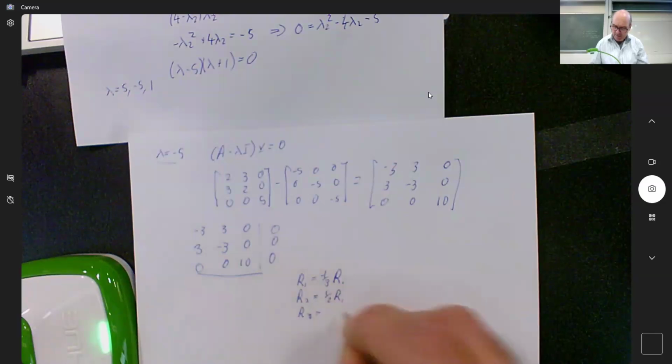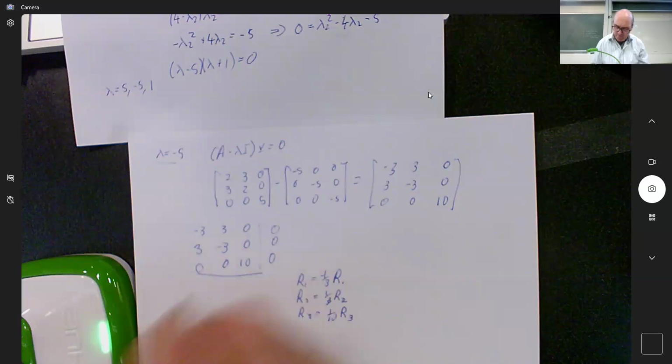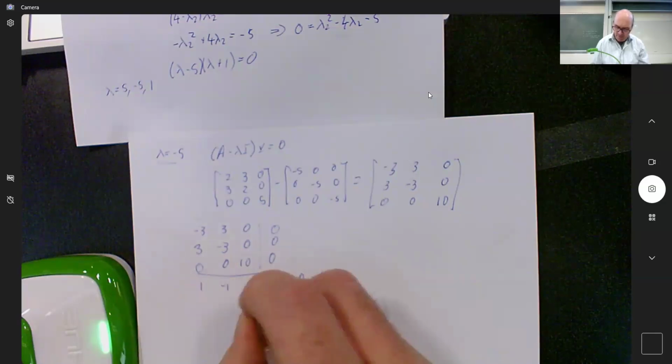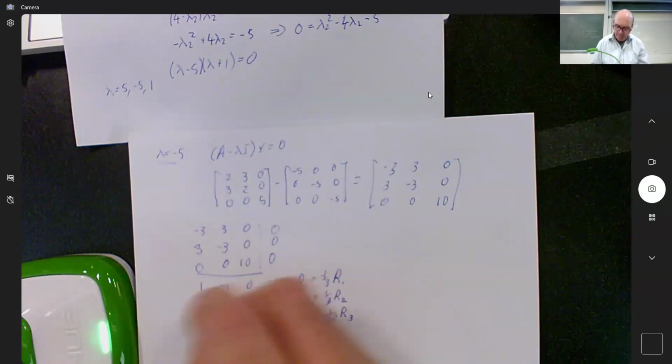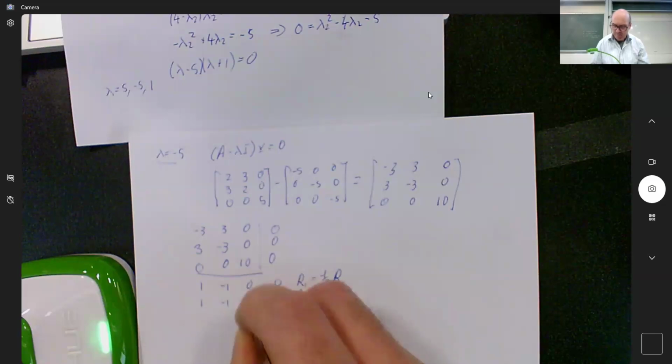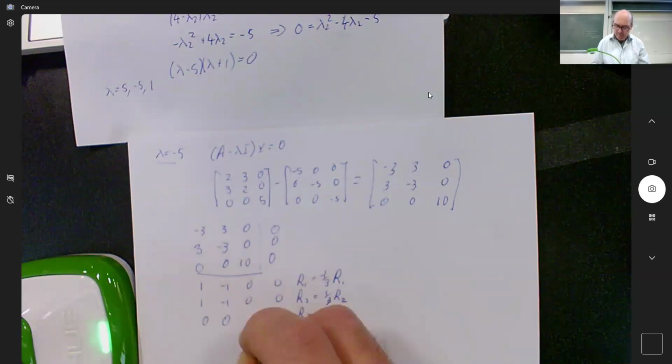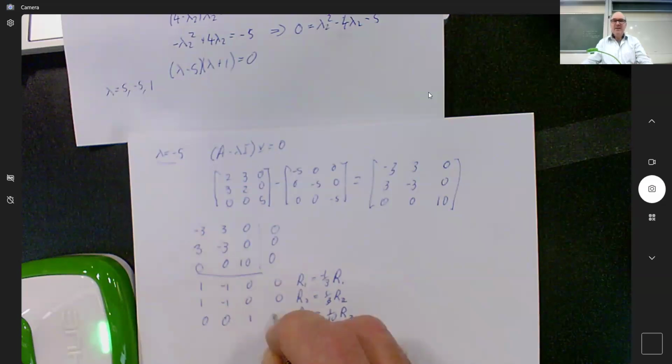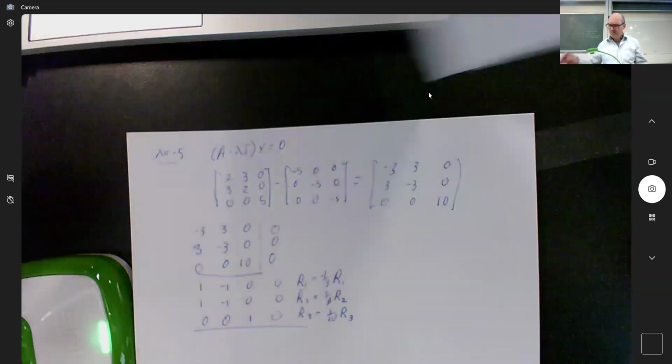That's a 3, that's a 10. So that should be 1, minus 1, 0, then 1, minus 1, 0, 0, and then 0, 0, 1. That's terrible, but we're going to pretend I did that right.